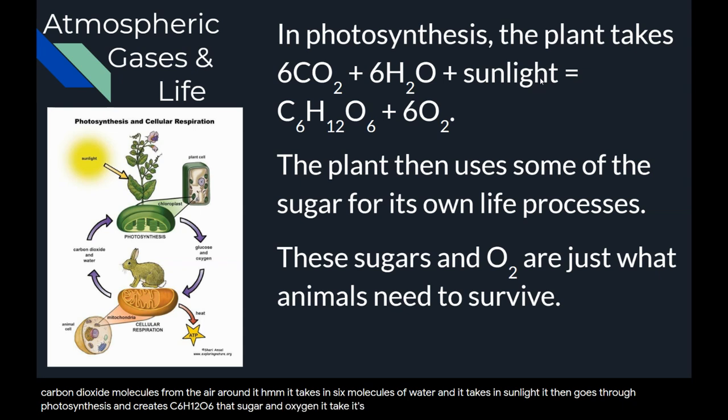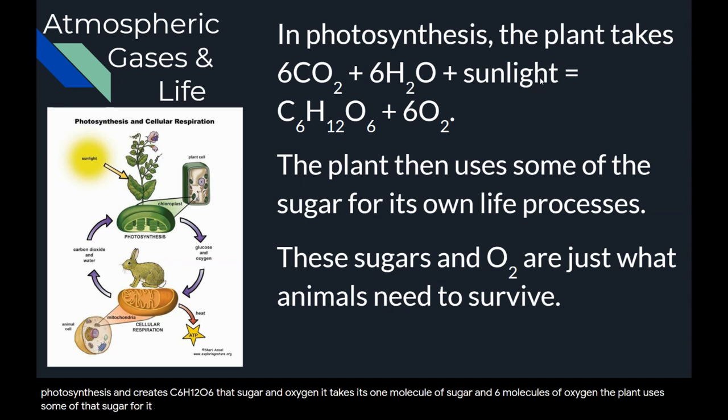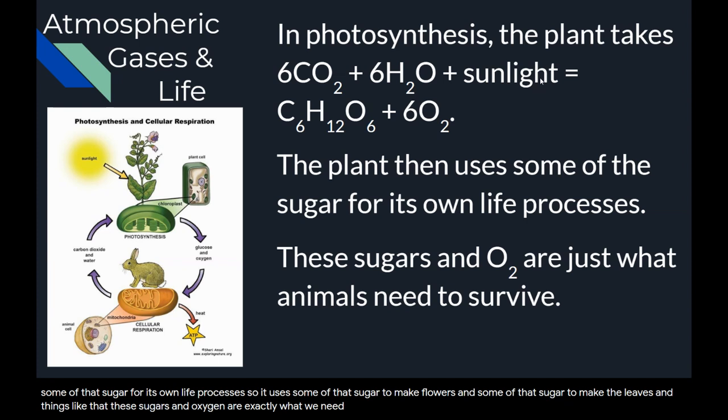It's 1 molecule of sugar and 6 molecules of oxygen. The plant uses some of that sugar for its own life processes. So it uses some of that sugar to make flowers, and some of that sugar to make the leaves and things like that. These sugars and oxygen are exactly what we need in order to survive.